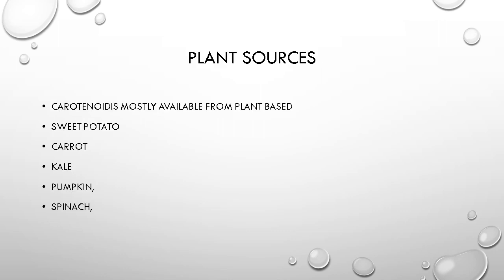And let's talk about the plant sources. Retinol is mostly present in animal-based food, but vitamin A has another form called carotenoids, which is available in plant-based food. They're present in various fruits and vegetables, but the most common are green leafy vegetables.